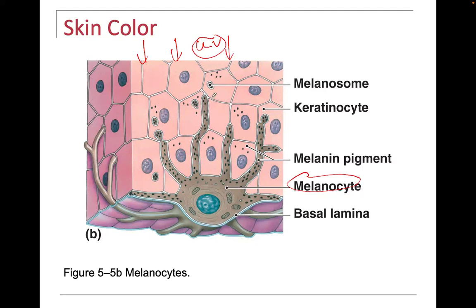It creates like a black shield so that as the UV light comes in, it produces more. The black substance, which is the melanin pigment, is going to absorb the rays and protect your DNA and protect the stem cells and protect all the vitamins that are in there from damage.